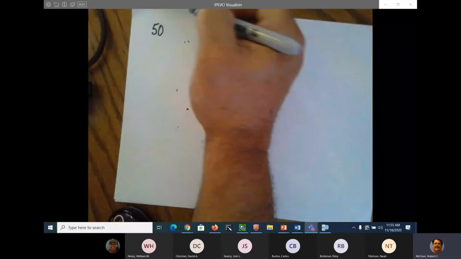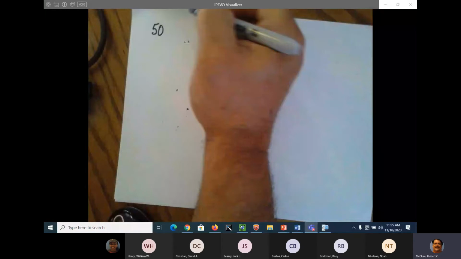Well, the probability of success of a face card is equal to 12 over 52. Therefore, the probability of not pulling a face card is equal to 40 over 52. So now I'm going to do my odds against picking a face card.